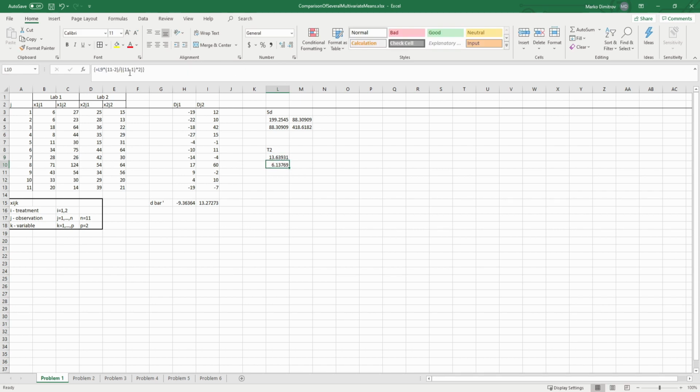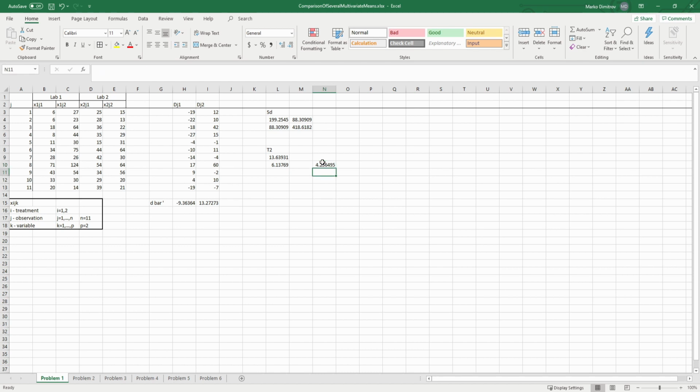This is our constant times our t squared, and it has Fisher distribution with p and n minus p degrees of freedom. So we compare it with the Fisher inverse at 0.05 significance level, with degrees of freedom 2 and 11 minus 2.